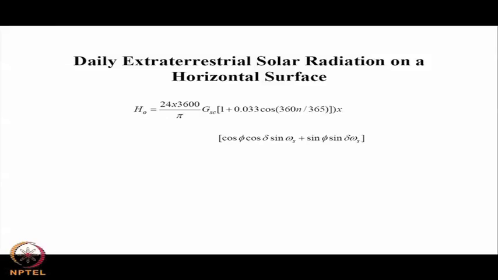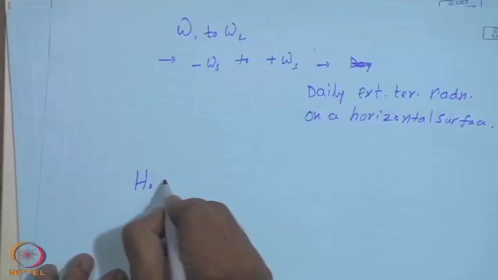That is how you will get a 24 instead of 12 and a sin omega s, and here sin phi sin delta into omega s, that 2 is absorbed in that 24. That we will call H_0.